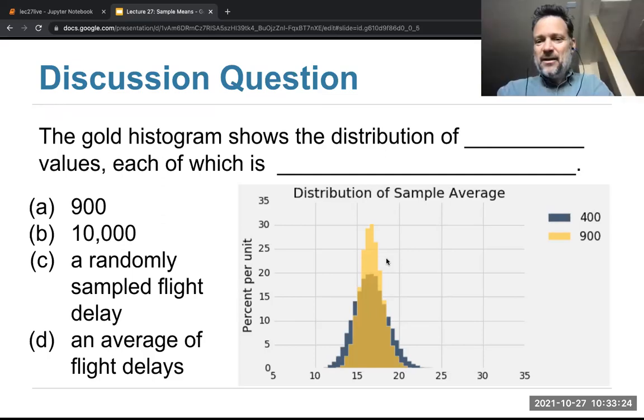I see some votes for no. I see some votes for taller and narrower. Anyone want to give me a reason for why you might say taller and narrower?